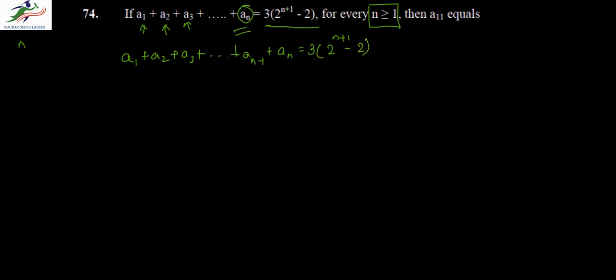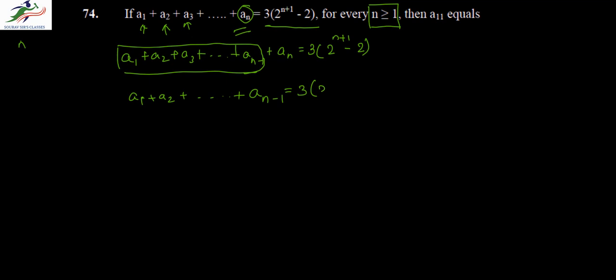So therefore the sum of these terms a1 plus a2 plus all the way up to an minus 1 will be equal to 3 into 2 to the power n minus 1 plus 1 minus 2, which is 3 into 2 to the power n minus 2.